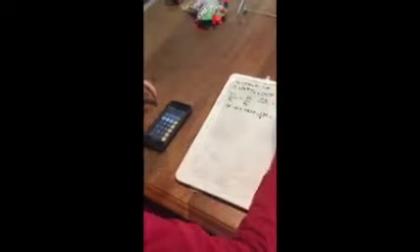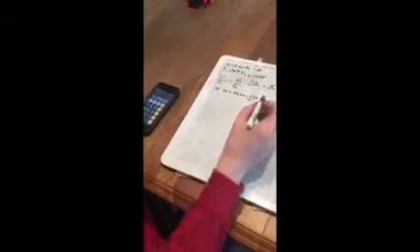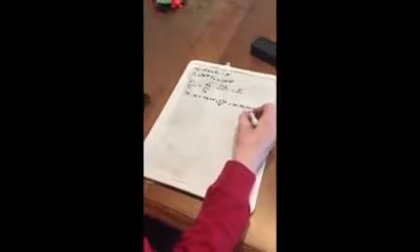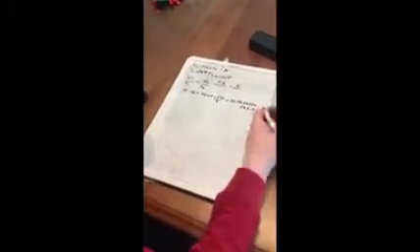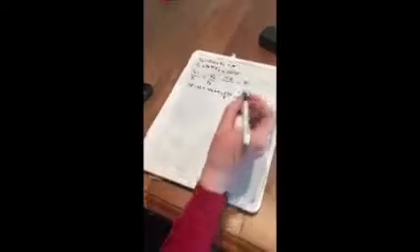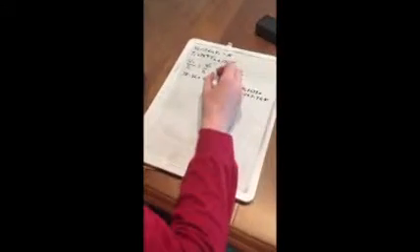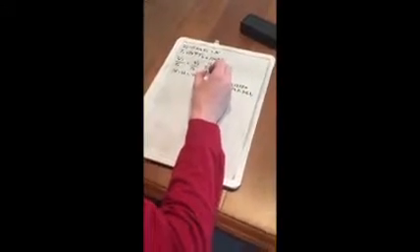Then divide that by 9, and that is 25.56, let's say. Then we add 273, and that's 298.56 Kelvin. All right, so that's our temperature 1, 298.56 K.